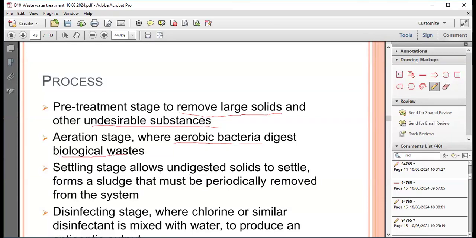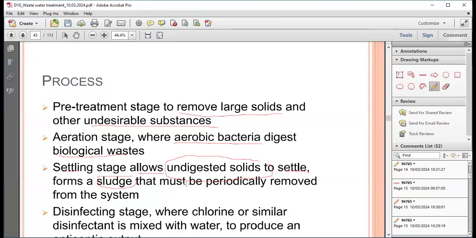The settling stage allows undigested solids to settle, and forms a sludge. So you have to understand the meaning of undigested solid and sludge. Normally you can understand, digested solid is called sludge.